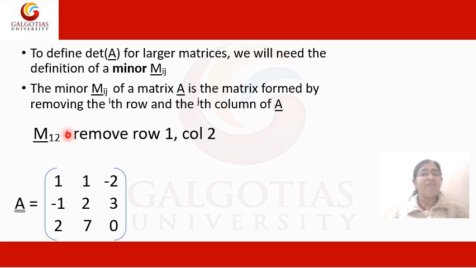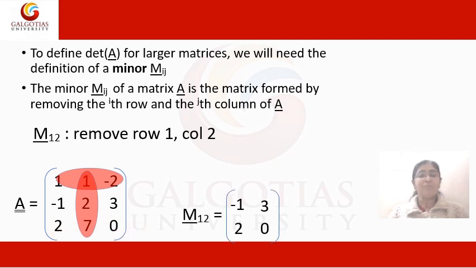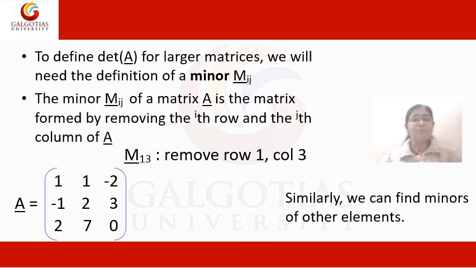Now similarly, if I want to find the minor M12, how will I find it? Remove row 1 and column 2. So how will it be removed? This one. Now a matrix having entries minus 1, 3, 2, 0 is said to be minor M12.